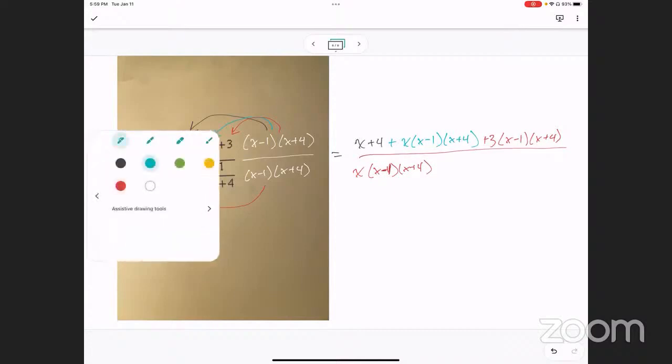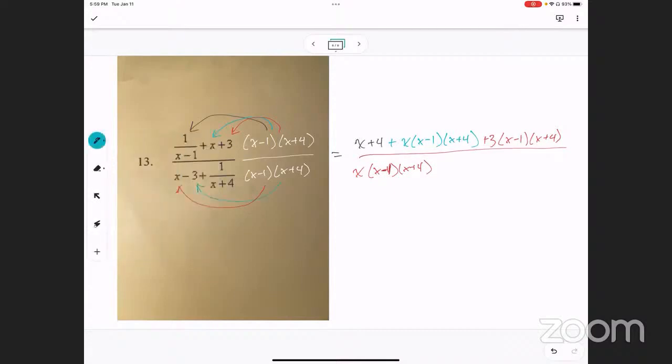When I multiply it into here, nothing cancels out. It's just minus 3 times x minus 1 and x plus 4. And when I multiply it into here, the x plus 4 cancels out, and you just have plus x minus 1.